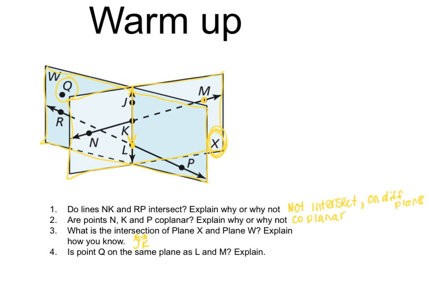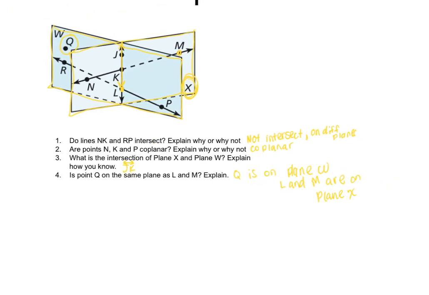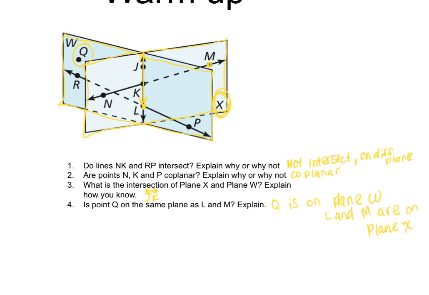Okay, Q is on plane W, and L and M are on plane X. But at the same time, guys, don't forget that L is also on plane W because it lies on the intersection, okay? So it's really because M is on plane X, not W, right? All right, let's move on.